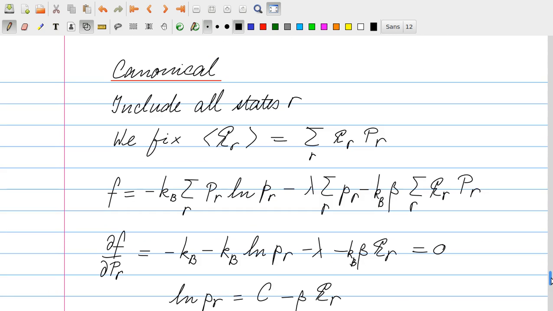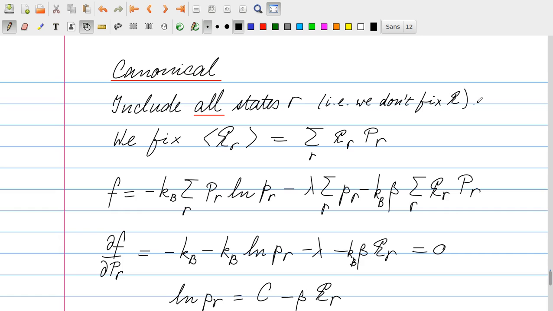Now then we move on to the canonical ensemble, and now we include all the states R, and that means we do not fix the energy. Every energy is allowed.